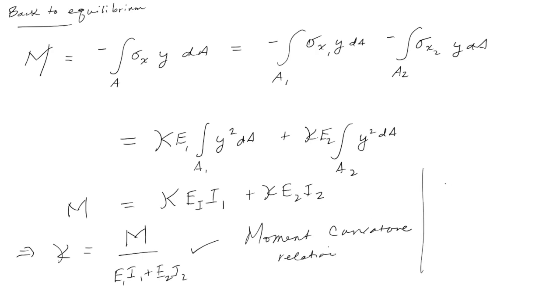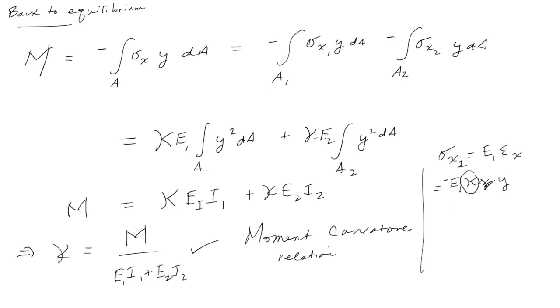Now we know that, for example, sigma x1 is equal to E1 epsilon x, which is equal to E1 times minus kappa y.